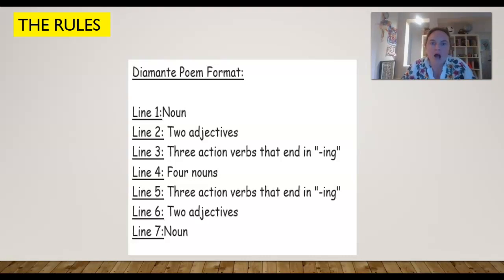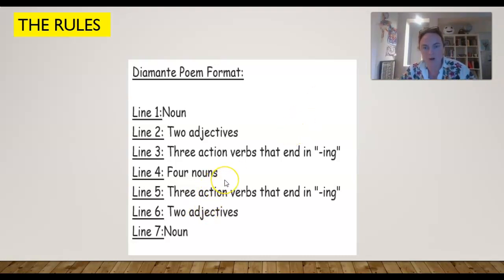If you're adding ing onto the end of a word, you need to remember the rules that you've learnt with Mr. Field. You need to remember whether you drop the E or if you have to use the double consonant rule when you're adding ing. If you're going, oh my goodness, I don't know what to do, you actually need to go back and watch Mr. Field's spelling video from yesterday.